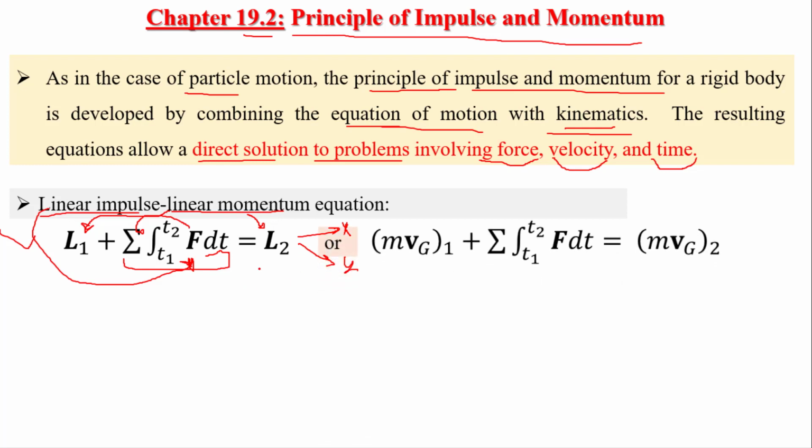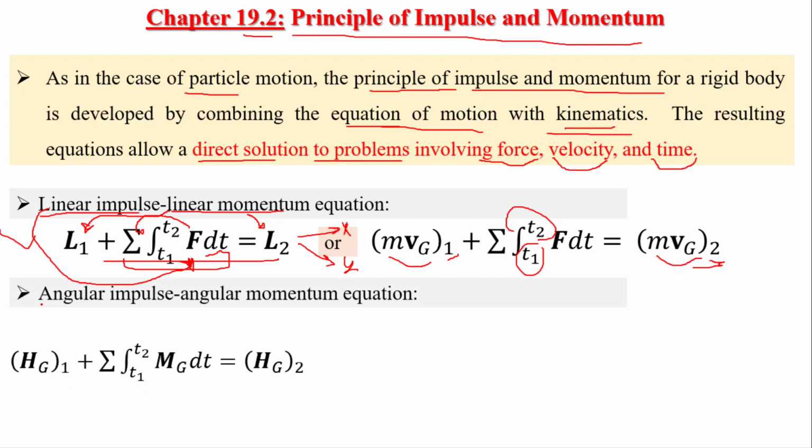Okay, or instead of writing L in this form, we can write it as mvG1 and mvG2, state 1 and state 2, and here is the change of force with respect to time. Another equation is the angular impulse, angular momentum equation.